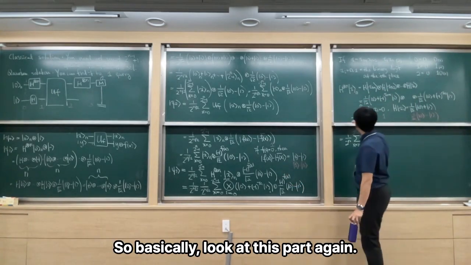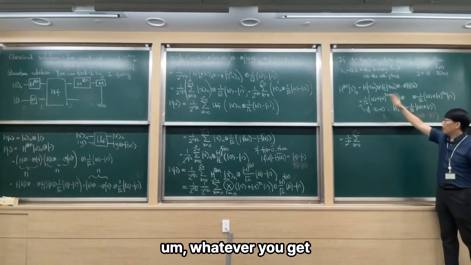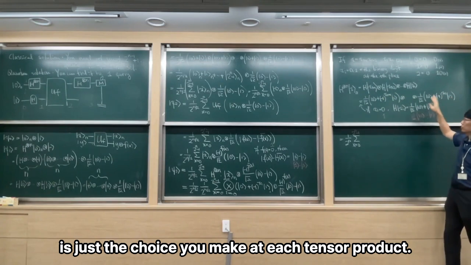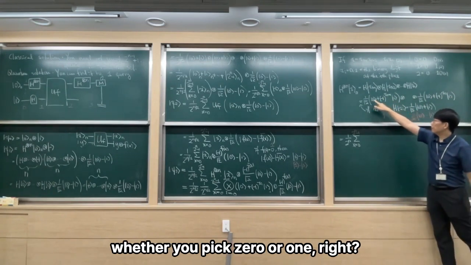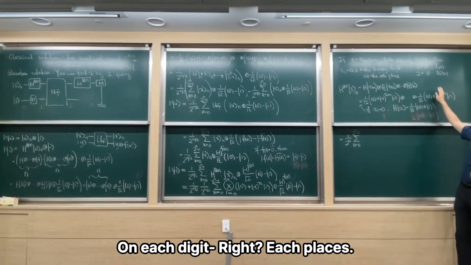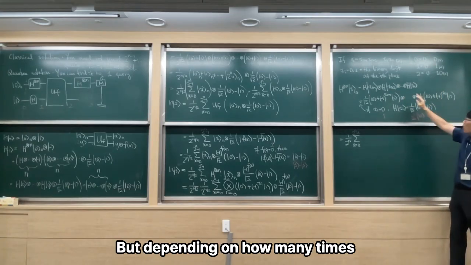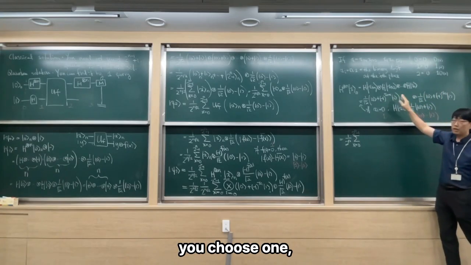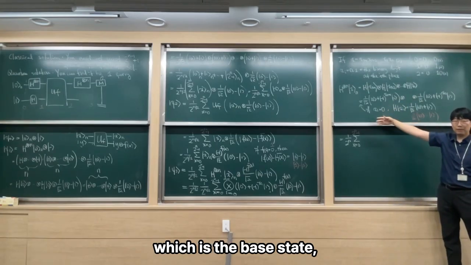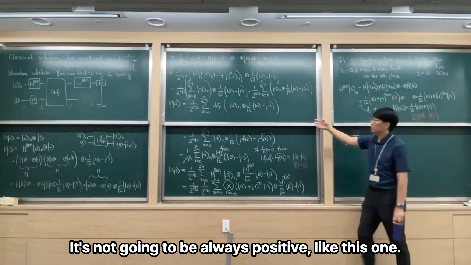Basically, look at this part again. Whatever you get is just the choice you make at each tensor product. You have to make a choice whether you pick 0 or 1 on each digit, each place. But depending on how many times you choose 1, the sign of your ket state, which is the base state, is going to be changed. It's not going to be always positive like this one.